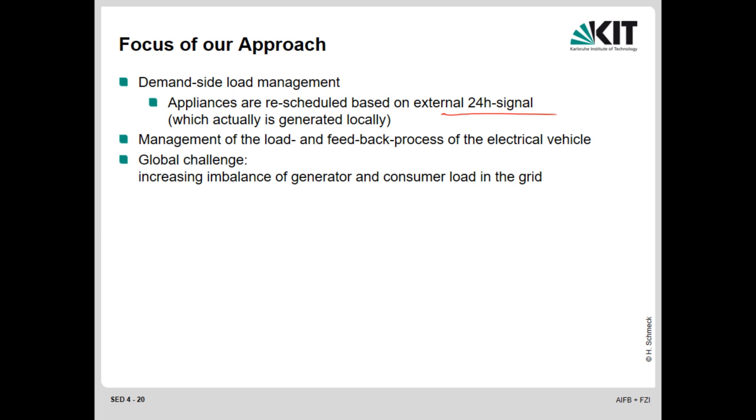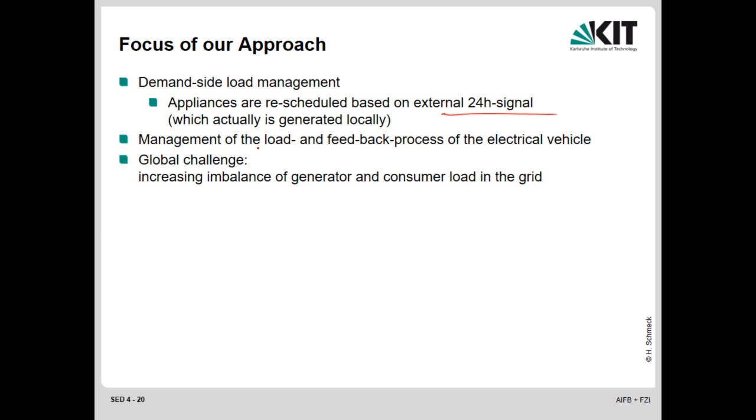So the signal was generated locally, but in principle that could have come from the outside. And we also assumed some power limits, where a simple power limit would be not to go beyond the power that is generated locally.